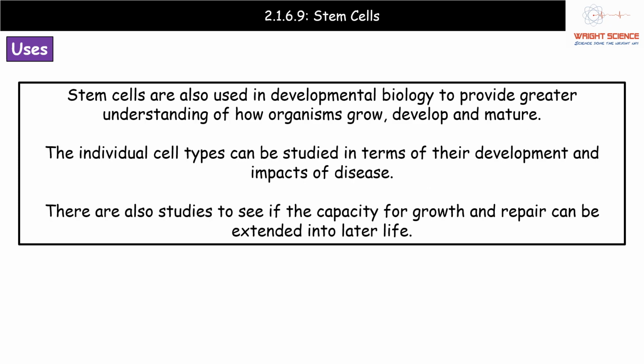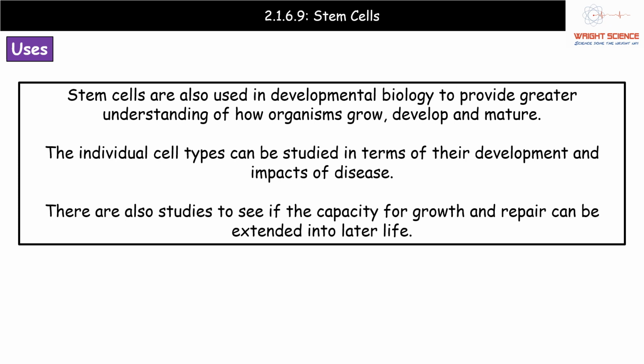Another area of research that we can use our stem cells in is in the strand of developmental biology. Because if we've got these stem cells, we can get a better understanding of how organisms are growing, developing and maturing. What we can do is look at these individual types of cells from our original stem cell, put it through this process where it will differentiate and see what happens.